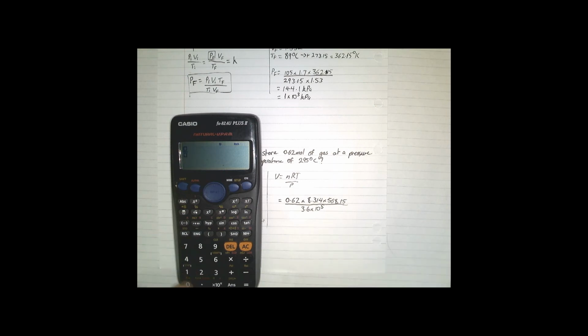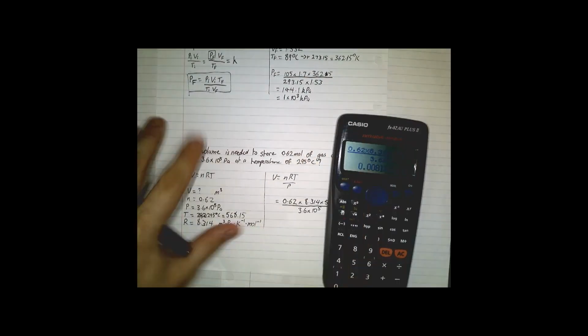So I've got 0.62 times 8.314 times 568.15, all divided by 3.6 times 10 to the 5. And the value that we get at the end is 0.008135, and that's going to be measured in cubic meters.